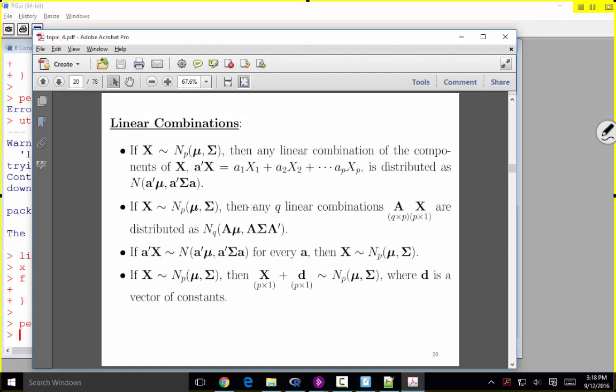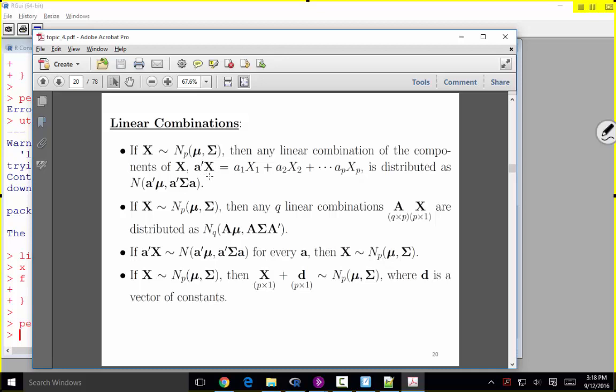This is not really new for us. I'm just showing you a little bit of notation that writes down what you already know. If X is multivariate normal, it has parameters mu, that's a vector, and capital sigma, that's a matrix. Then consider doing linear combinations, like A transpose X. In your homework, you did this.